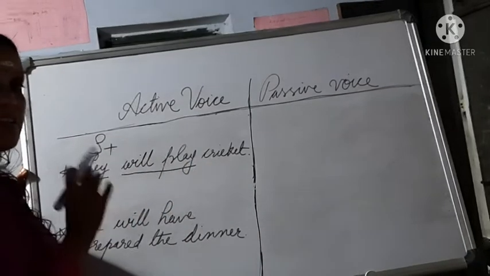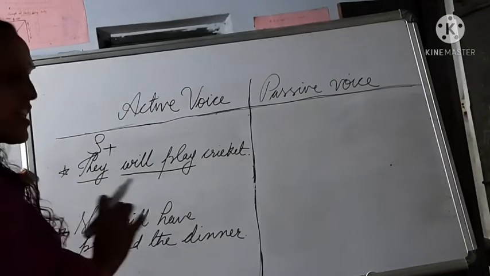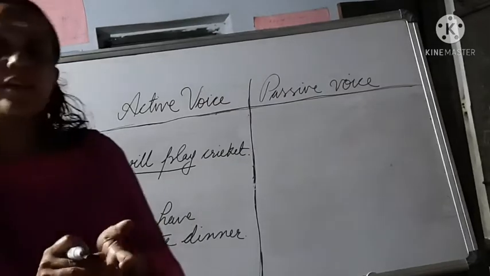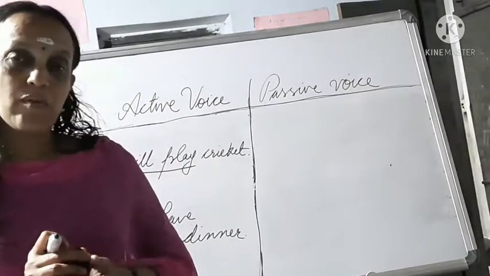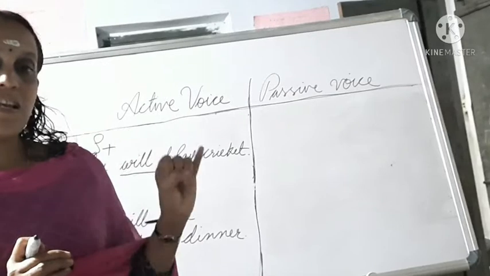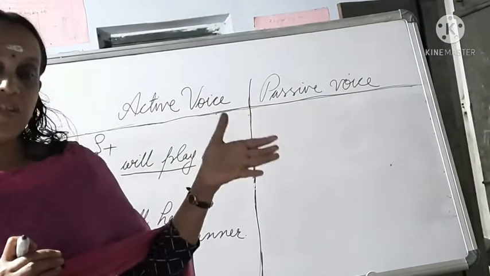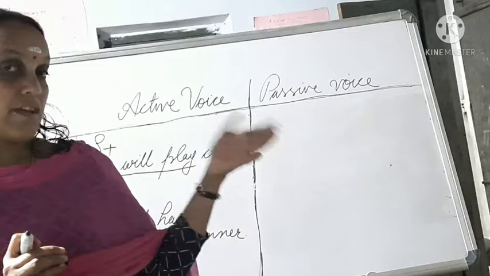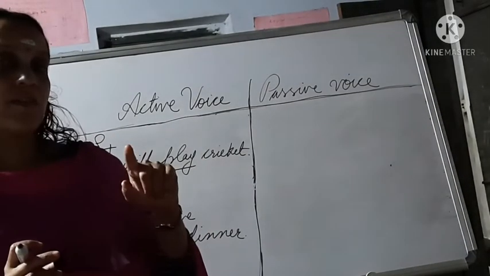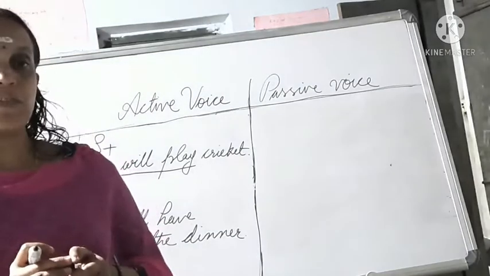Why? The rule for simple future is will or shall plus V1 form. After all modal auxiliary verbs, that is will, shall, may, might, would, could, should, etc., you have to use only V1 form or root form of the verb.